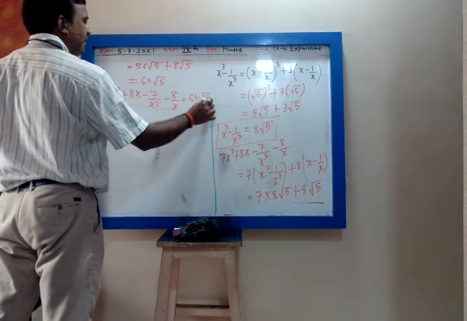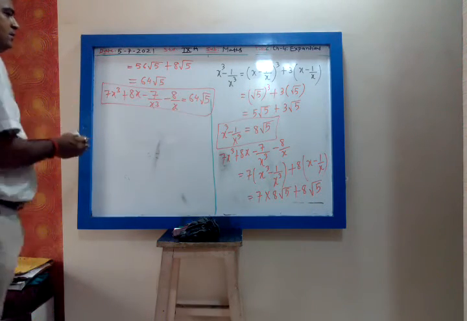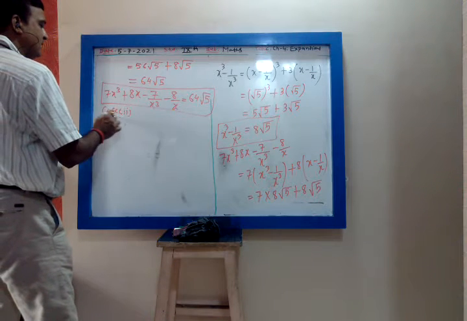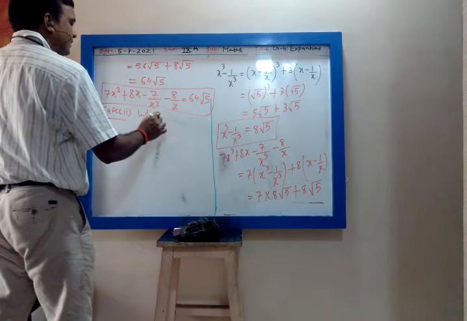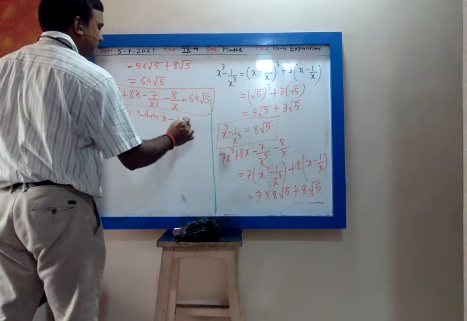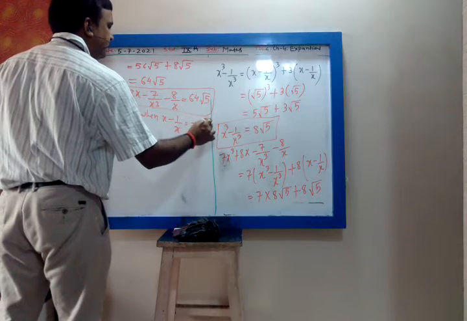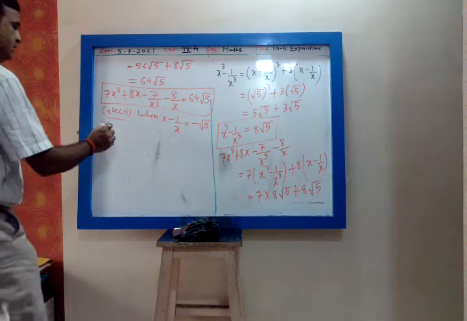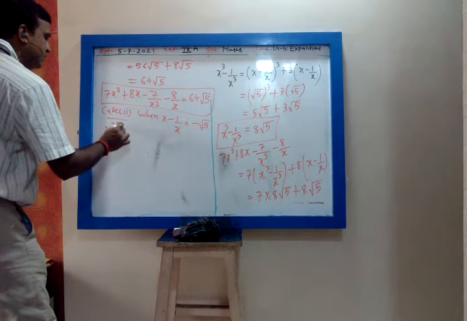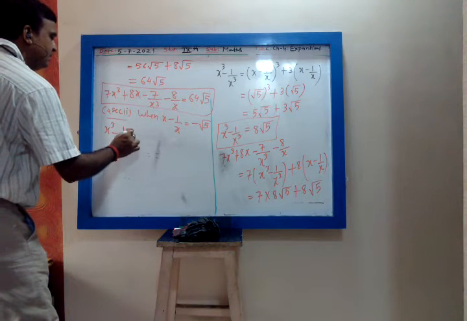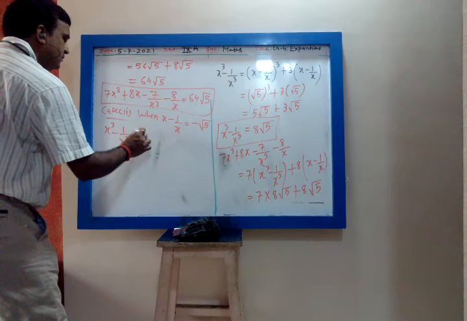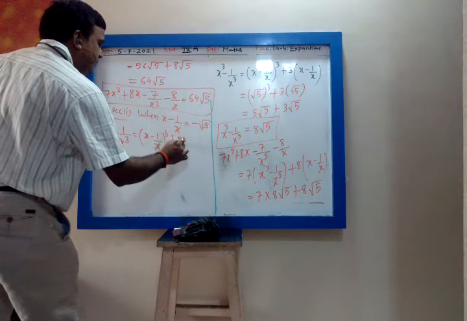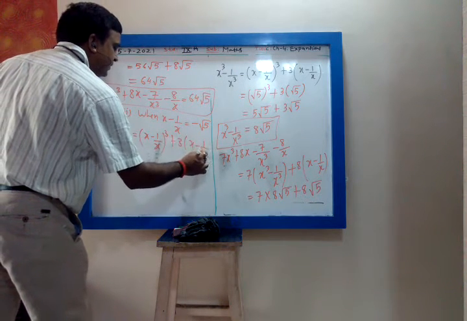Similarly, I will find case 2. Case 2, when x minus 1 upon x is minus root 5. For this we have to find x cube minus 1 upon x cube separately. That will be x minus 1 upon x whole cube plus 3 into x minus 1 upon x.